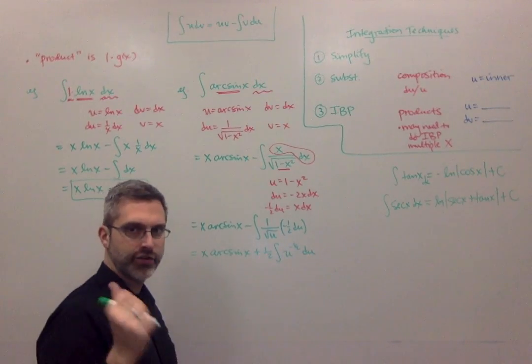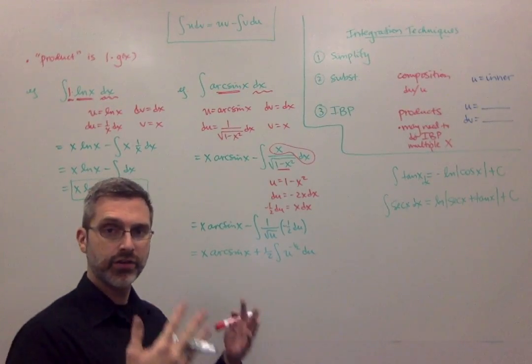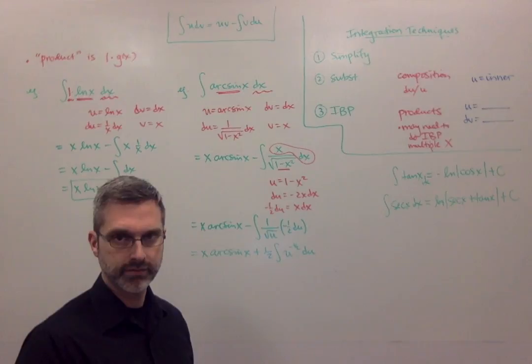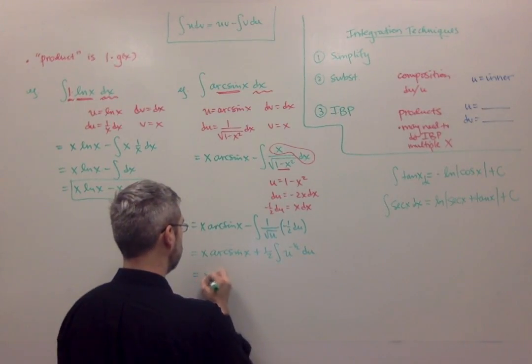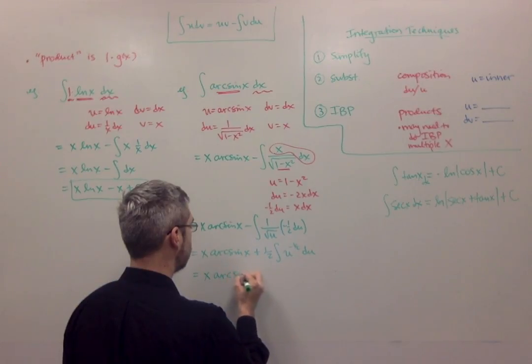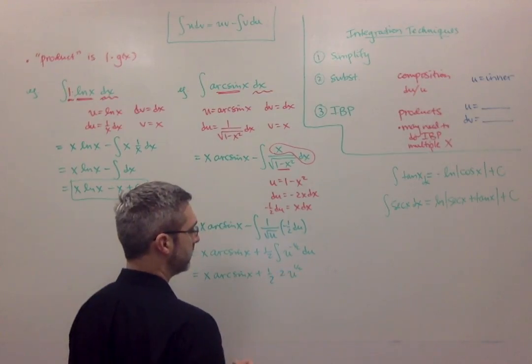That is an integral I can do, and that's the point. It doesn't get rid of the integral, but it makes the integral simpler. So now I add 1 to the power, so u to the 1/2, and then divide by that, which is the same as multiplying by 2.